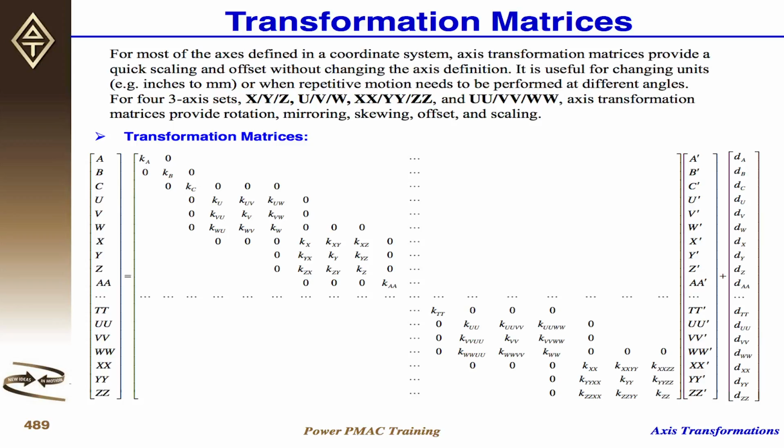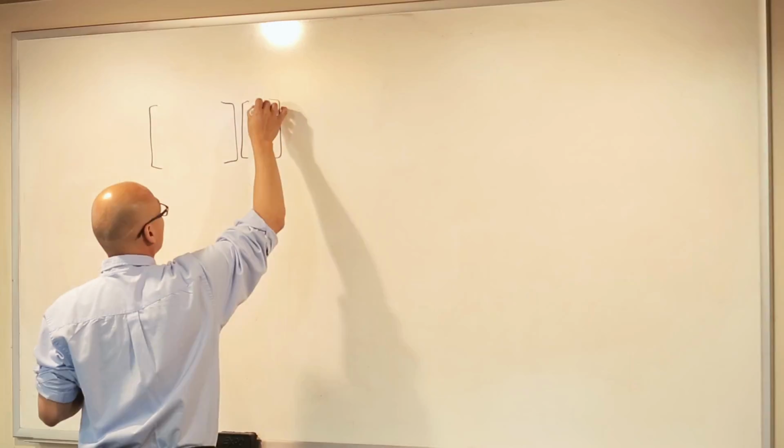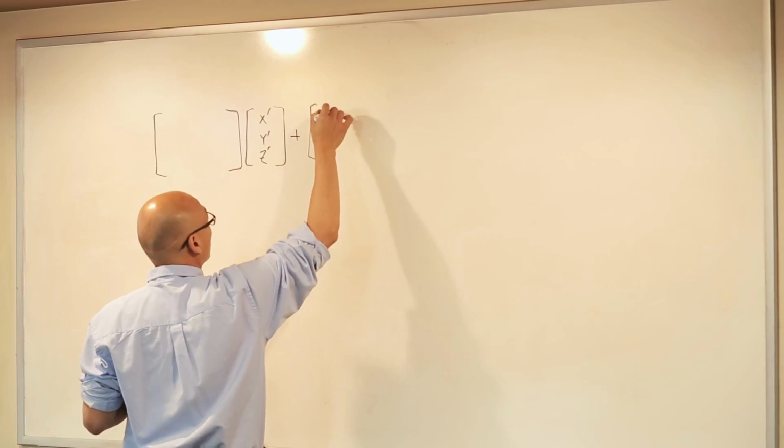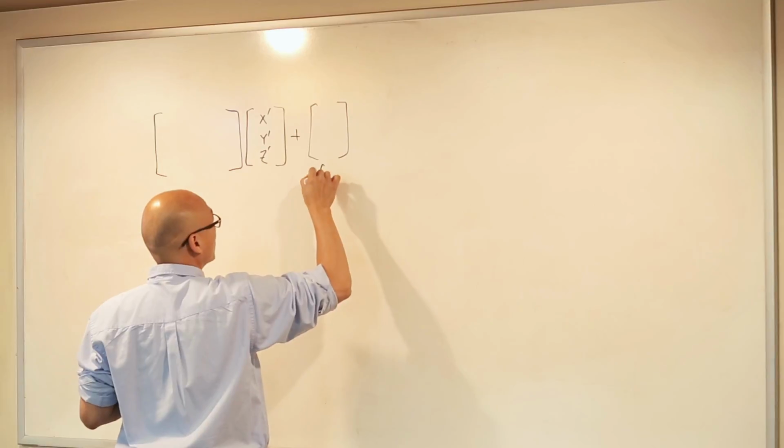Meaning, if I have an input, let me do this. So this is the transformation matrix. This is your input with some bias term we call offset.